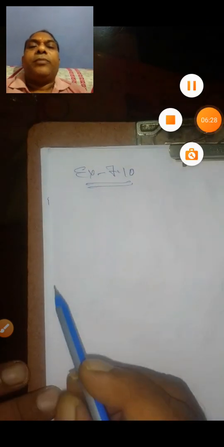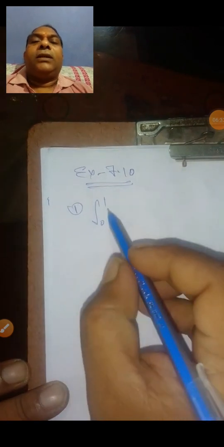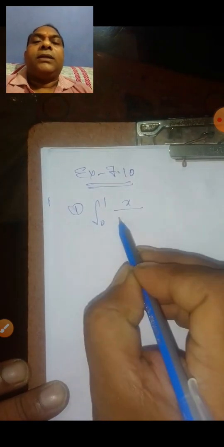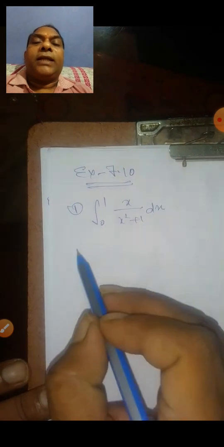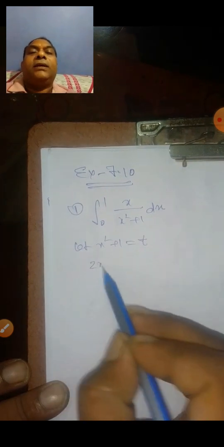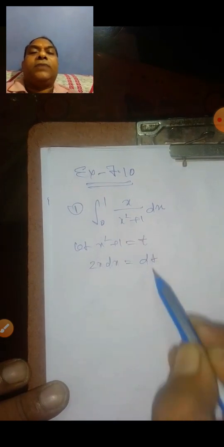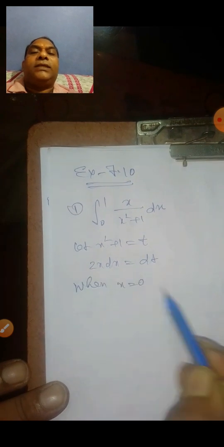In 7.10 we use the substitution method. So when we use the substitution method, then we have to convert the limit also, then we can apply the limit. So see question number 1, integration 0 to 1 x upon x square plus 1 dx. So let x square plus 1 is equal to t, then 2x dx is equal to dt.